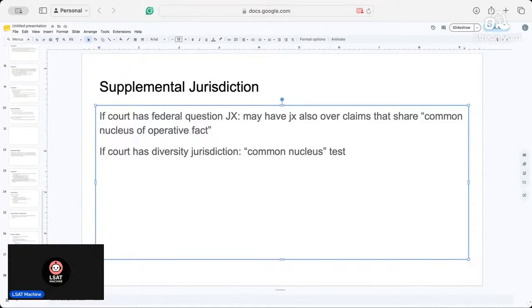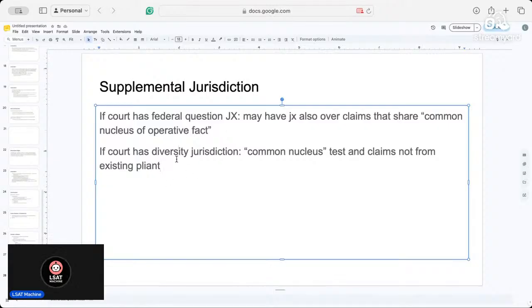If the common nucleus, why am I forgetting this? And the claim, oh, got it. And the claims not from existing plaintiffs against persons. Why don't they just say third?